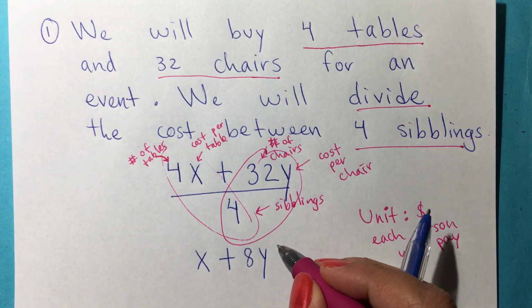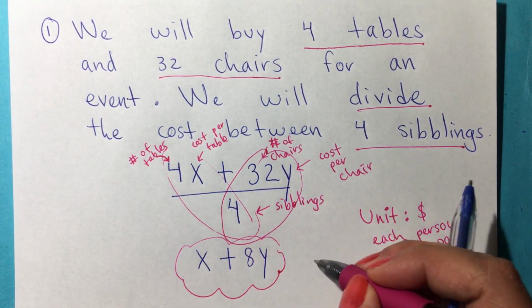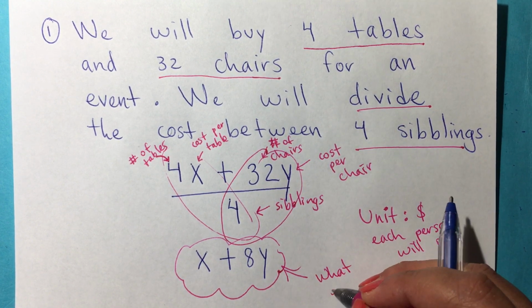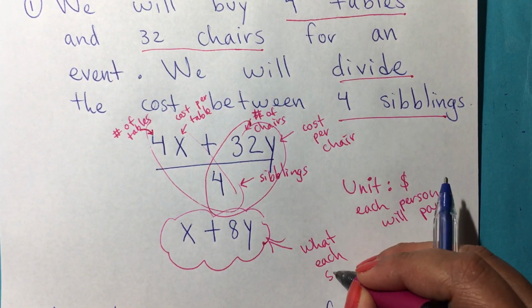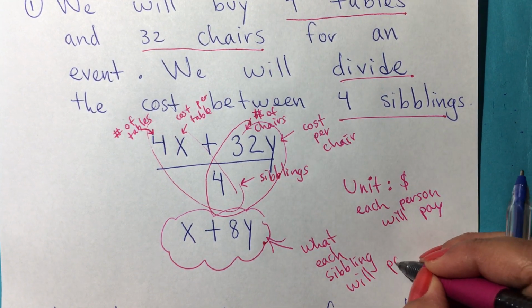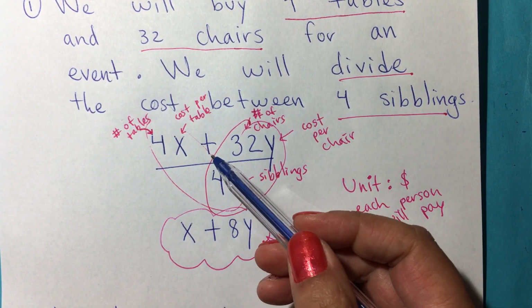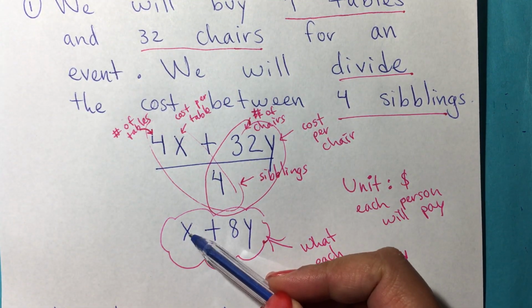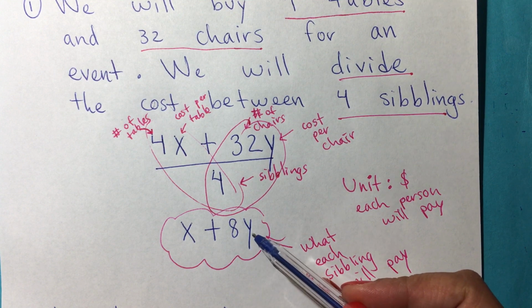Okay, again, this is in simplified form. So what each sibling will pay. And in this case, we were able to see that each sibling will pay for 1 of the tables and for 8 of the chairs.